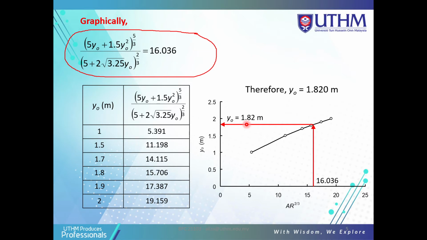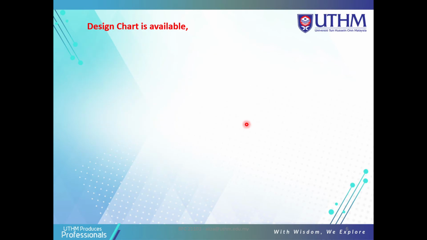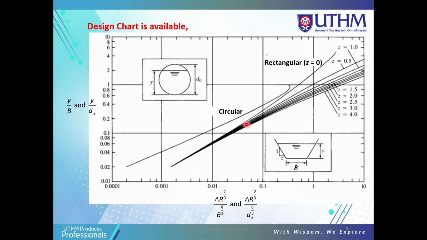Okay, so look at the design chart. This design chart is given. If this chart is given in your test or in your final, you must use this chart. From AR to the power of 2 over 3 over B, you get the x-axis. The y-axis is the y over b value, or y over d.